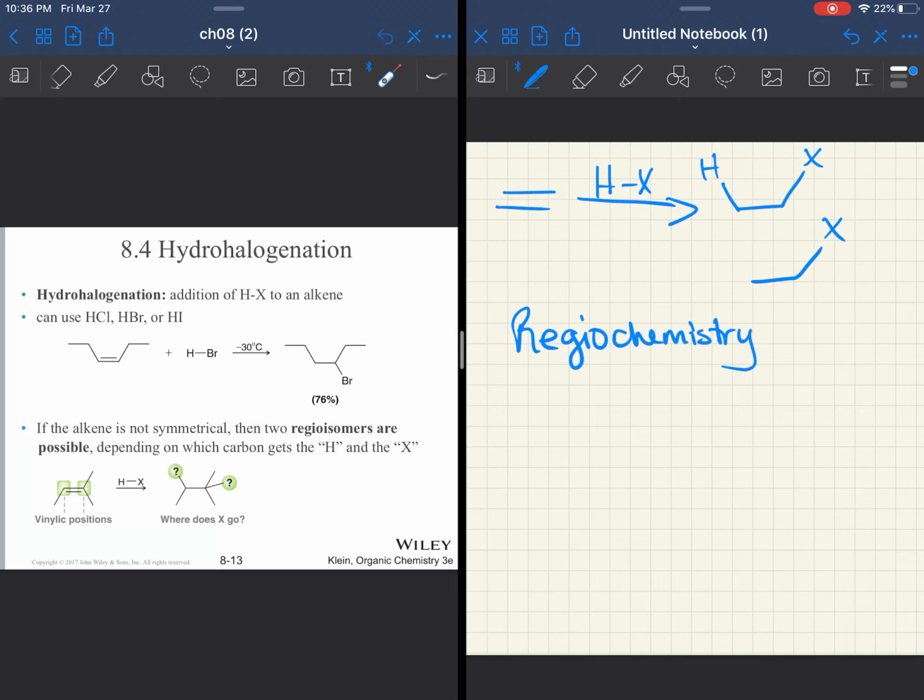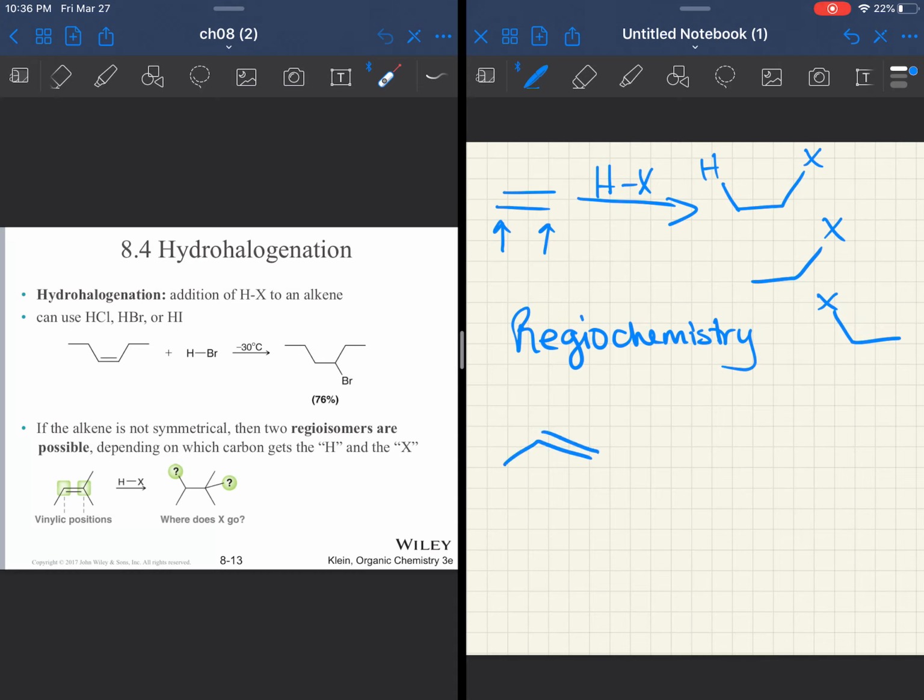All right, if we add that halogen to ethene, well, it doesn't matter if it goes to the left or the right. They're the same. Whether I draw it this way or this way, these are both one haloethane, right? I've just drawn it a different way.